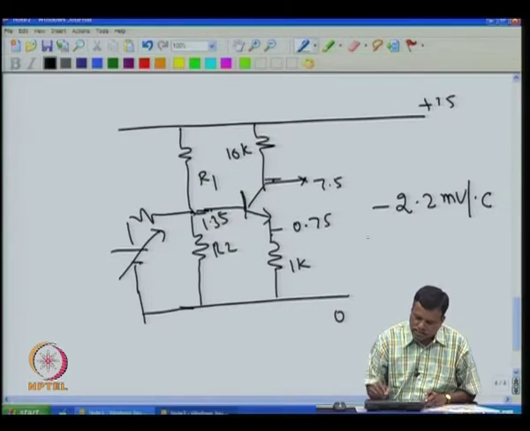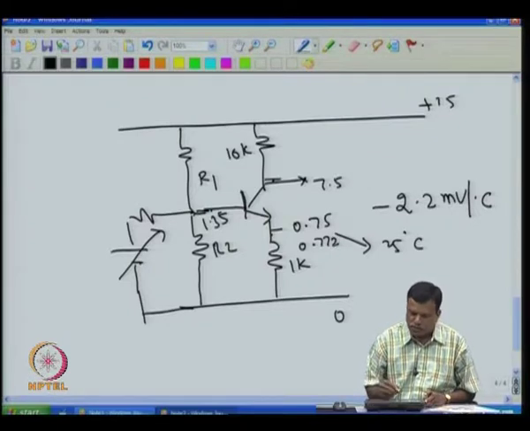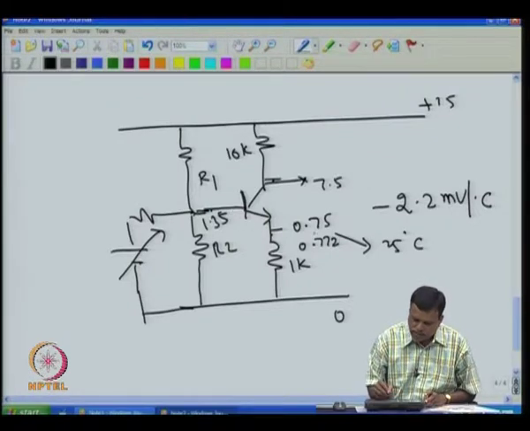This is the condition at 25 degree C. Then when temperature goes up say by 10 degree, the base emitter voltage will decrease by 22 millivolt, and that will make this voltage go up by 22 millivolt. That means this will not be 0.75, this will be 0.772.